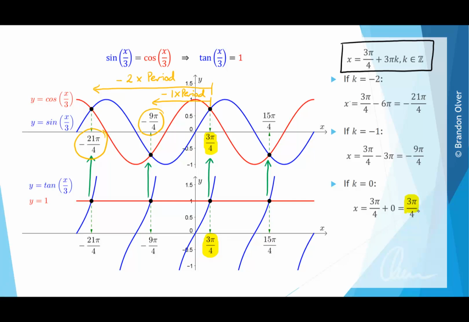And that there is the specific solution that's in the yellow highlighter. Finally, if k equals 1, we're going to add 1 lot of the period on. So here we have x is 3 pi on 4 plus 3 pi, which goes to 15 pi on 4. And that's the same as starting here and adding 1 period on to find the next solution. And of course, k can take on any value, so we could add 10 lots of the period on and find yet another solution for this equation.